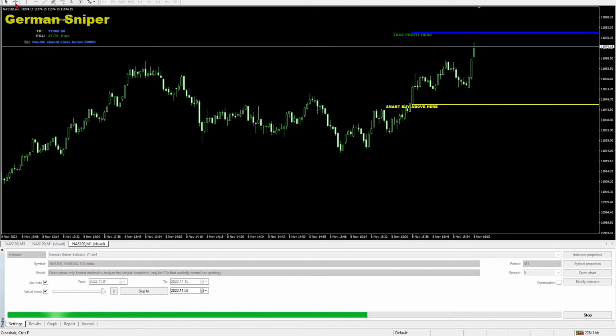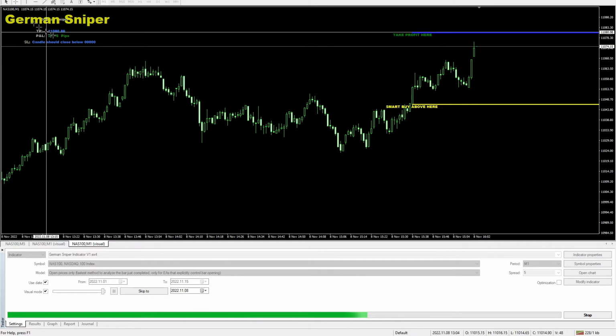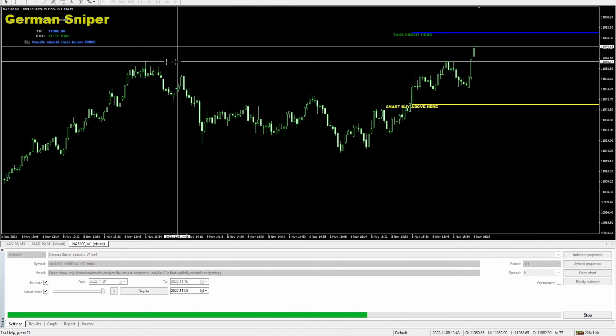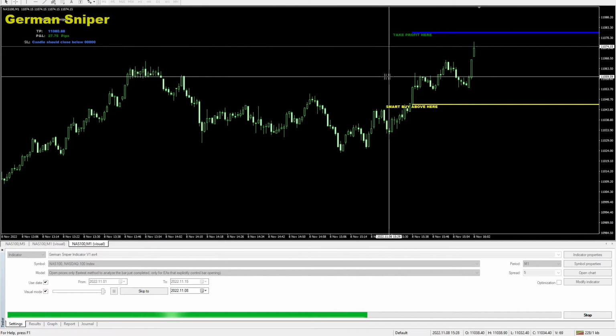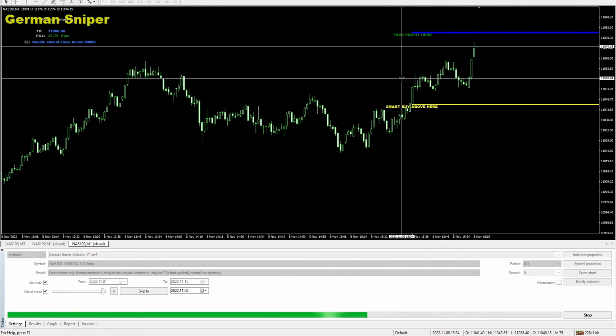There was another trade that occurred, but that was a previous trade that happened around 1:45, and it lasted all the way through until around 3:30. This is when the indicator repainted itself.